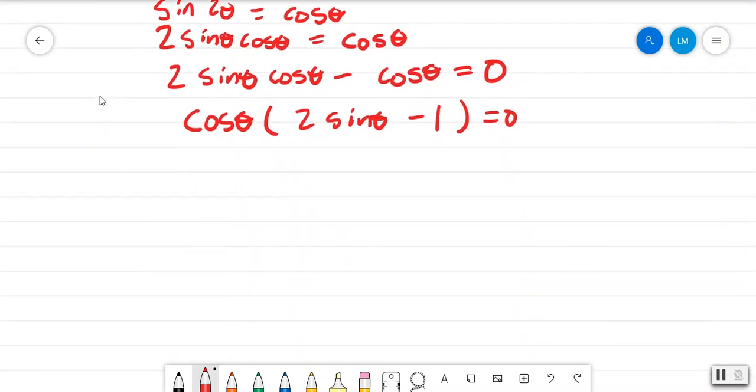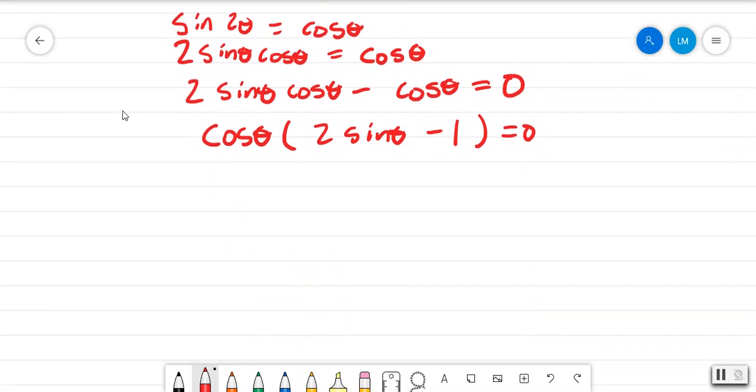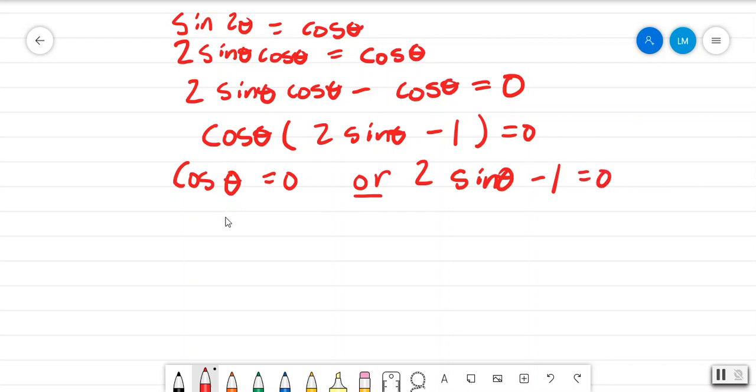So now we can solve this by saying that cosine of theta is equal to 0, or 2 sine theta minus 1 is equal to 0. From here, theta must equal pi over 2, and also 3 pi over 2, and that's just for the cosine theta.